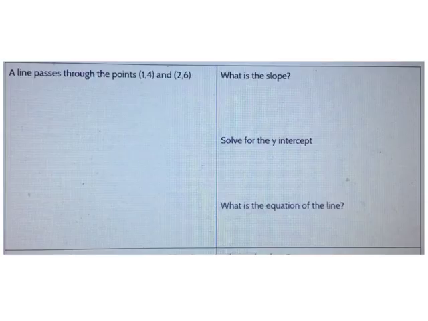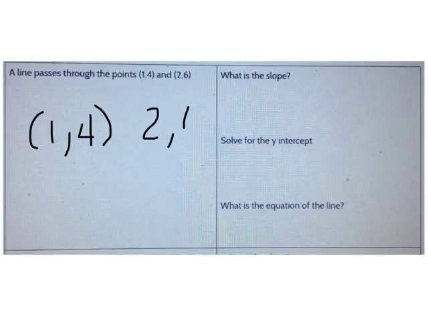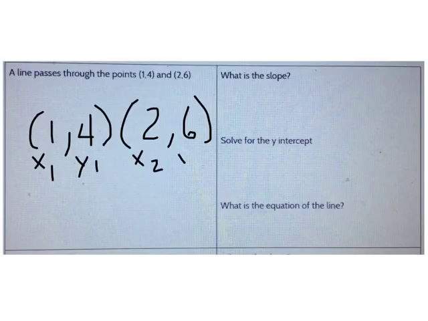Let's do an example. A line passes through the points (1, 4) and (2, 6). So I can label 1 as x1, 4 as y1, 2 as x2, and 6 as y2.